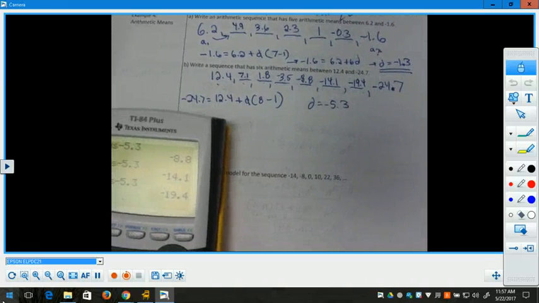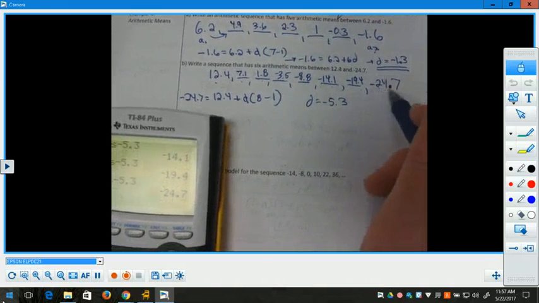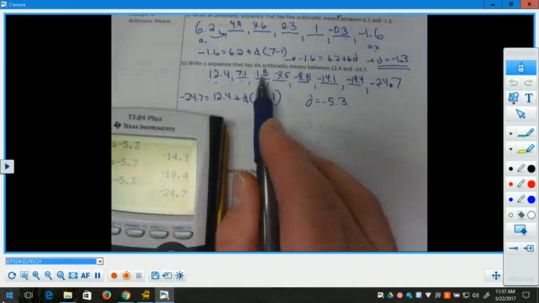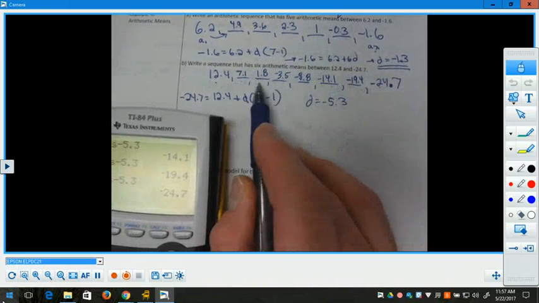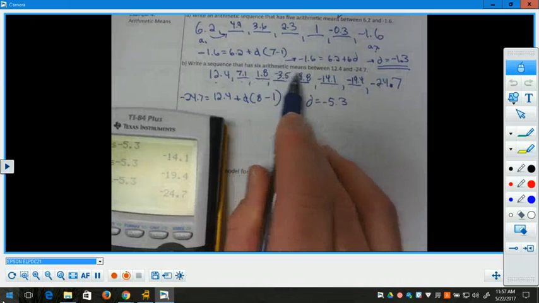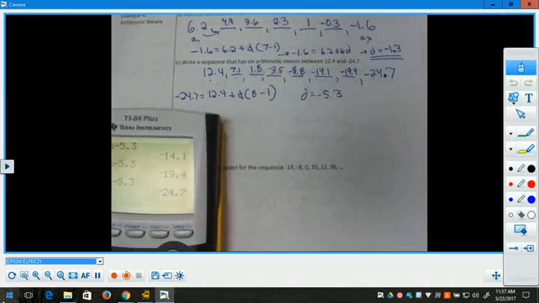Make sure that you found the right value of d by hitting it one more time, negative 24.7. So here are our 6 answers for the 6 arithmetic means between those two values.